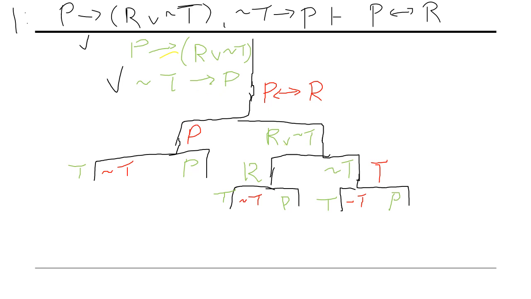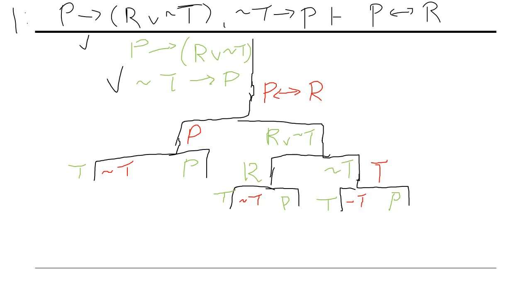We could go ahead and evaluate things and close some branches off, because we have a P here and a P here that cancel each other out, one on the right, one on the left. We also have a T here and a T here. We could close off those two branches, but I'm not going to, just so we can follow through.